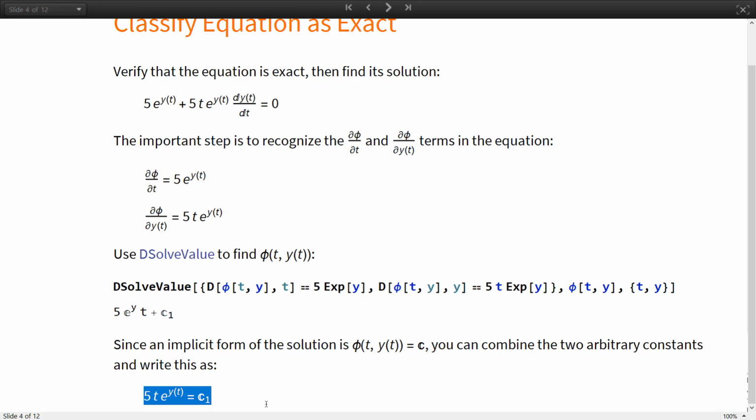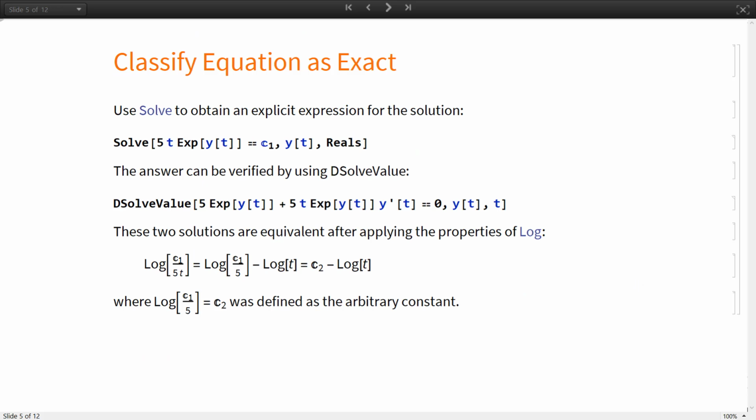This equation for the auxiliary function can then be solved for y of t to find the solution to the differential equation. We now have an expression for the auxiliary function which contains the function y of t, which solves the differential equation. Let's use Solve to get an explicit expression for y of t.